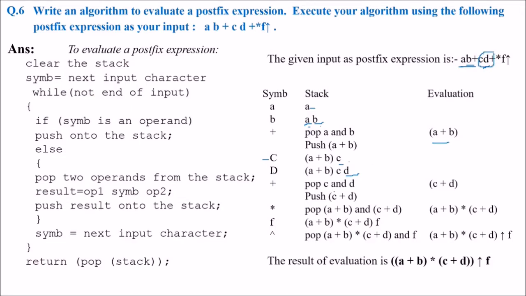So finally, A plus B was there already, C and D were popped and then added, and the result was placed there. So ultimately the stack is containing A plus B and C plus D. After that there is a multiplication sign, another operator.